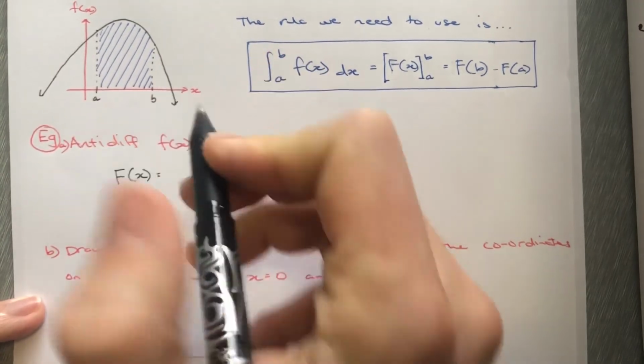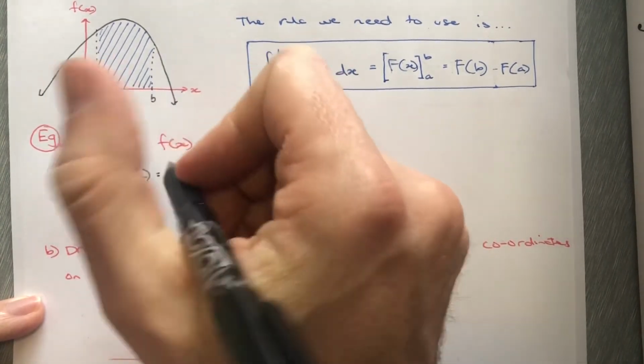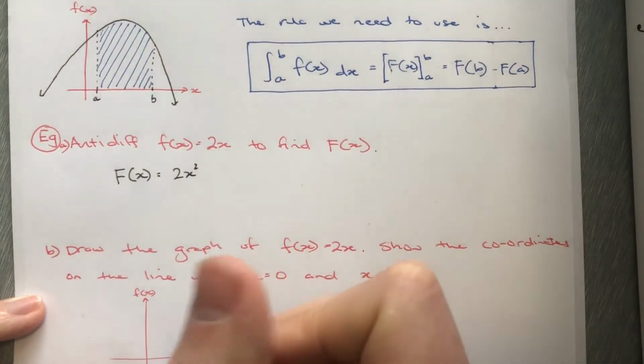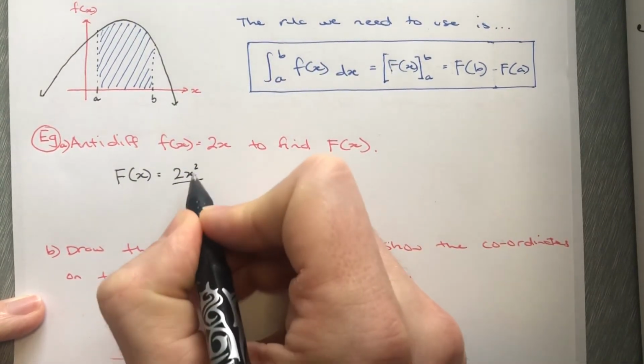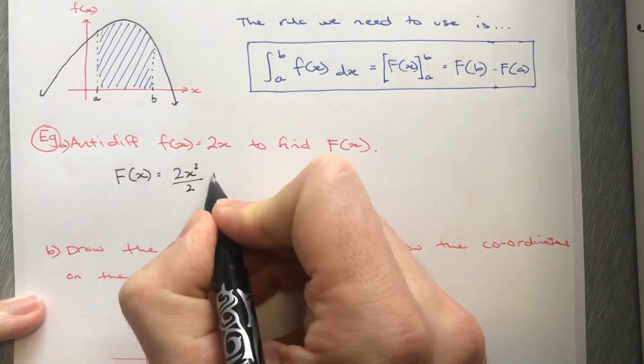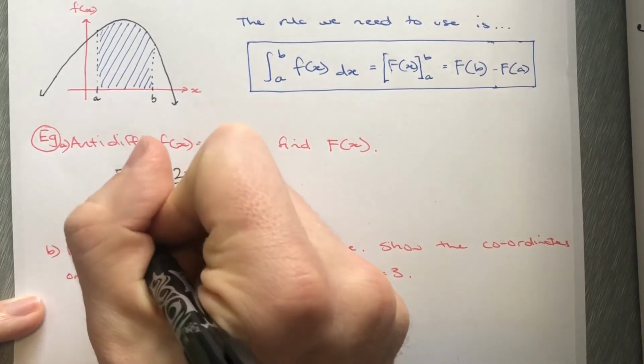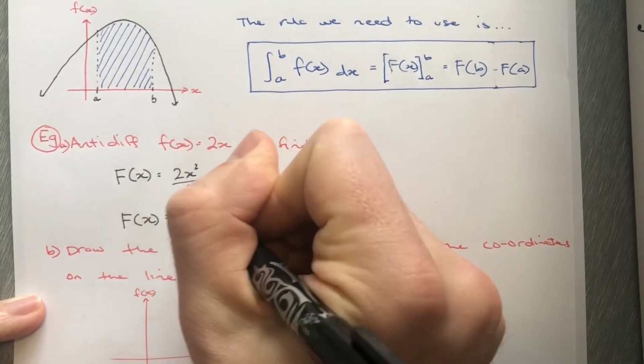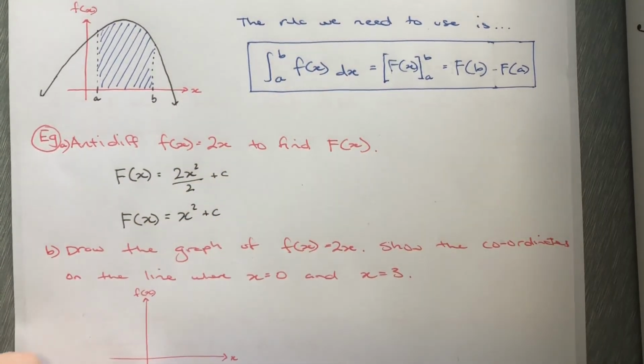Now remember, for each term, and there's only one here, the power goes up 1. So it's going to go from 1 to 2. And then we divide by our new power. And we don't forget to add c as well. So our capital F of x is x squared plus c. So that's the kind of thing that we're going to be doing as part of the rule.